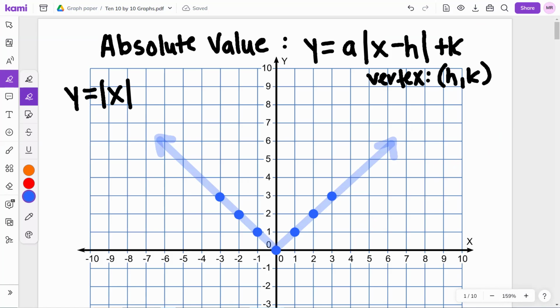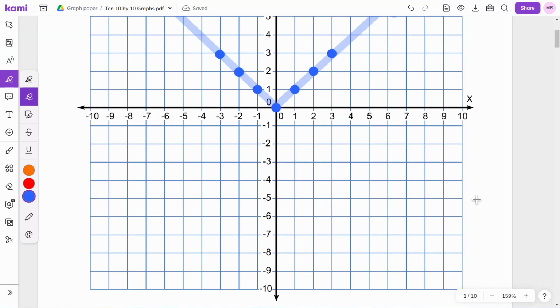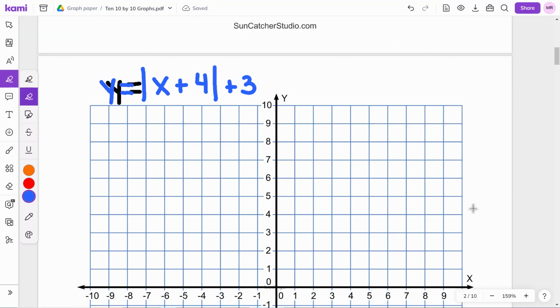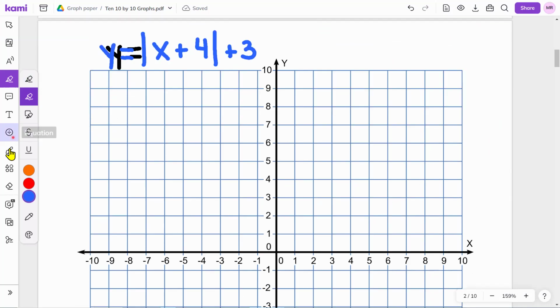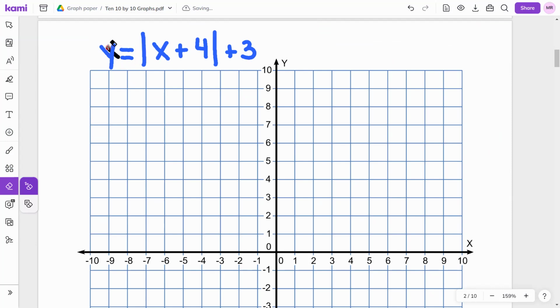So let us try this one here. Okay, so let me get rid of this here. Let us try y is equal to the absolute value of x plus 4 plus 3.